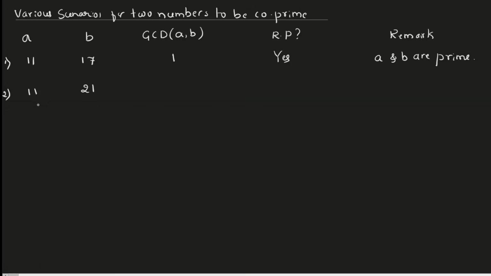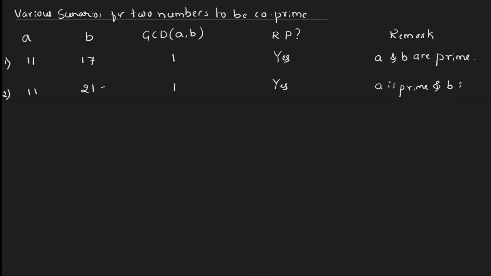Among these two, only 1 is common, so the GCD is 1. Since it satisfies our condition, these two are relatively prime. It is not compulsory that both numbers must be prime. A is prime and B is composite.